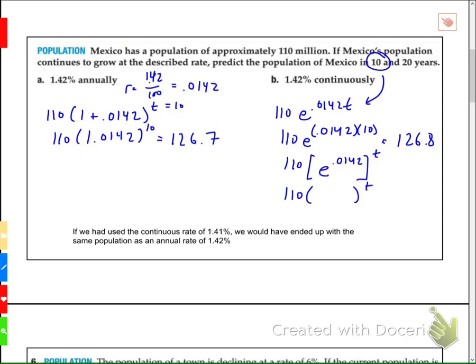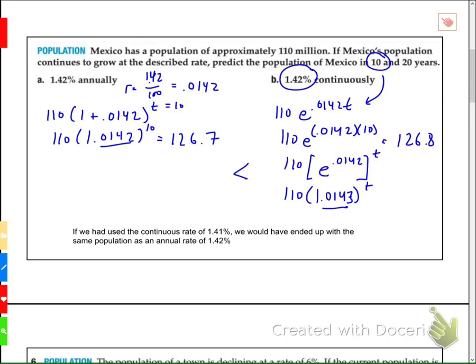That gives me something really familiar: 1.0143. Oh, that looks an awful lot like that, but it was a little bit bigger. So any continuous rate they gave you is going to be similar to an annual rate, but it's actually going to end up being a little bit bigger. That's because we're compounding continuously instead of waiting till the end of the year.